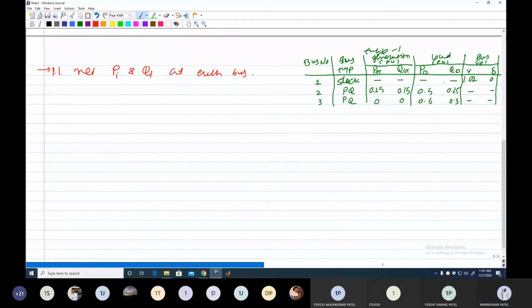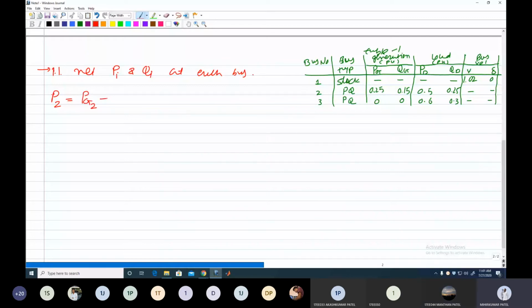So for bus number 2, write down the P2. What is the equation for P2? That means net active power at bus number 2. PG minus PD, but at bus number 2, PG2 minus PD2. Very good.